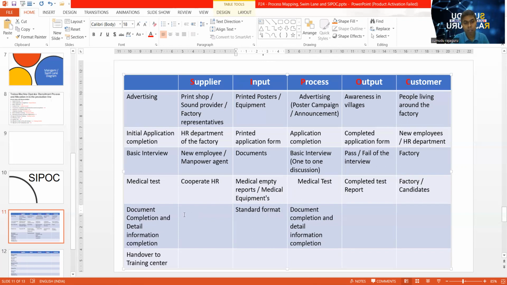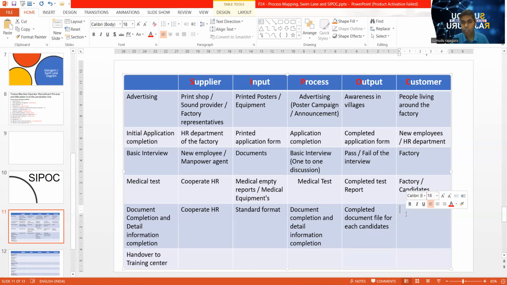Then who is the supplier? Maybe also corporate HR. Then what is the output? Completed document file for each candidate. Then who are the customers? Factory, because we have to keep that document file in the factory.